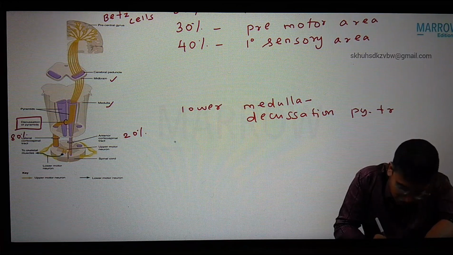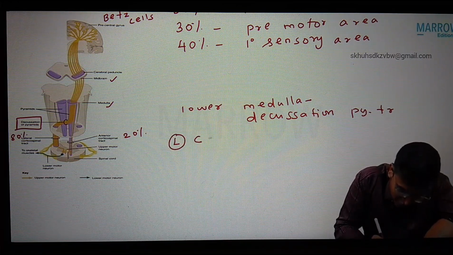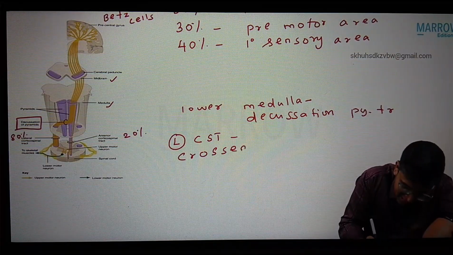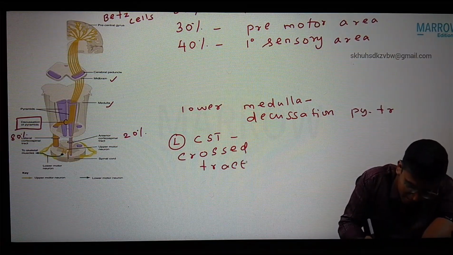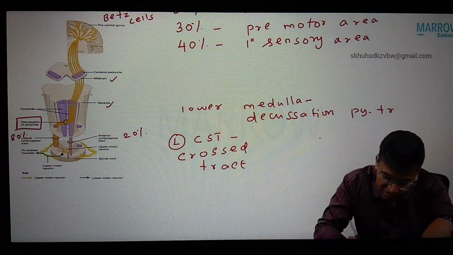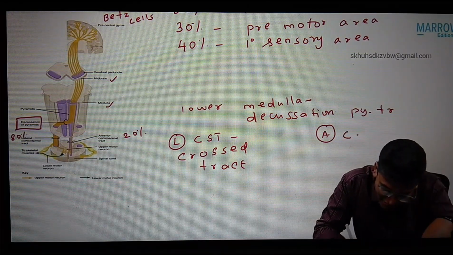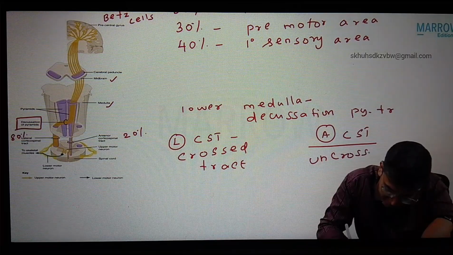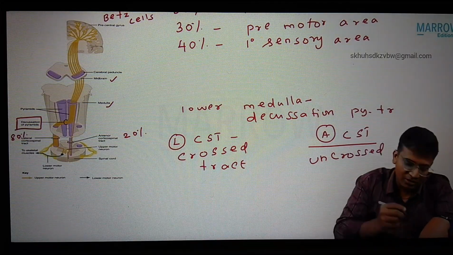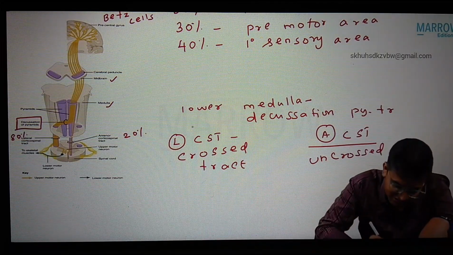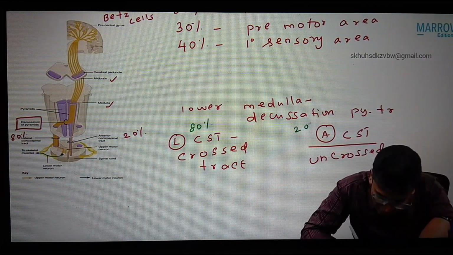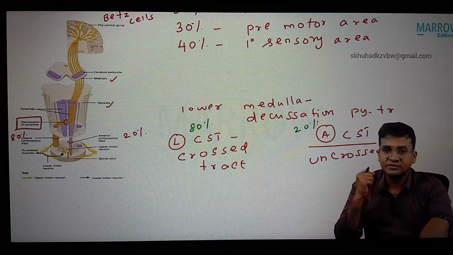So the lateral corticospinal tract is the crossed tract in the medulla, whereas the anterior corticospinal tract is the uncrossed tract in the medulla. 80% of fibers will cross, and 20% of fibers are uncrossed.